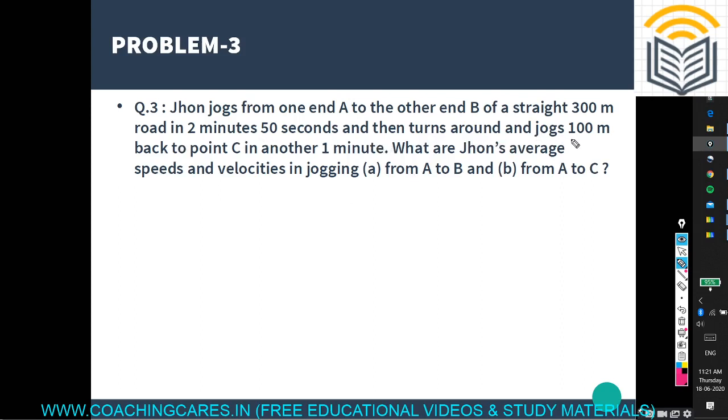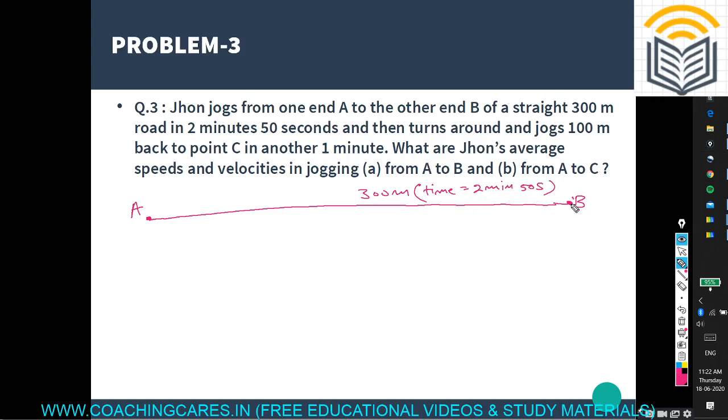Then he turns around and jogs 100 meters back to point C. So John, assuming he starts jogging at point A, jogs till point B, covering a distance of 300 meter in 2 minutes 50 seconds.